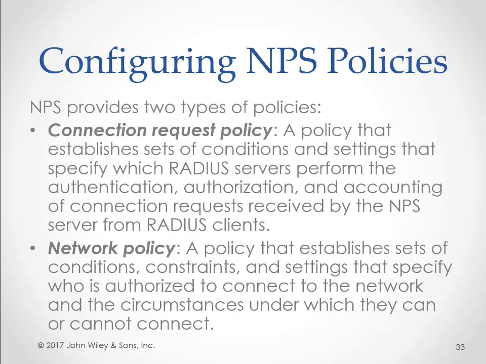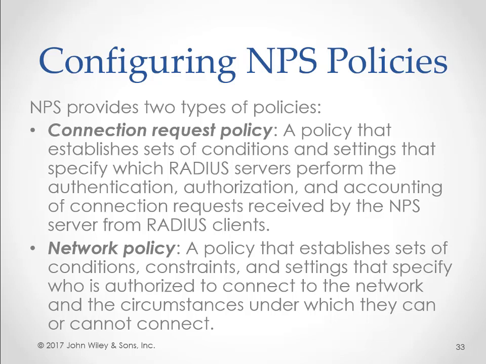There are two different types of NPS policies: a connection request policy and a network policy. The connection request policy is a set of conditions and settings that specify which RADIUS servers perform the AAA of connection requests received by the NPS server from the RADIUS clients.